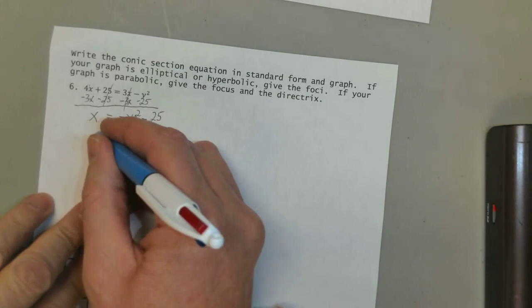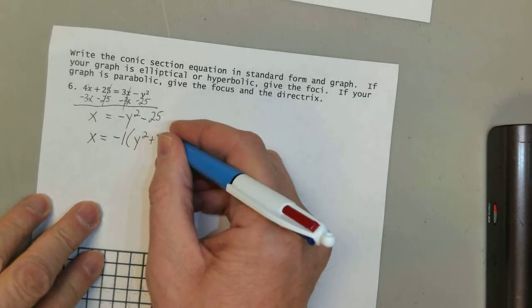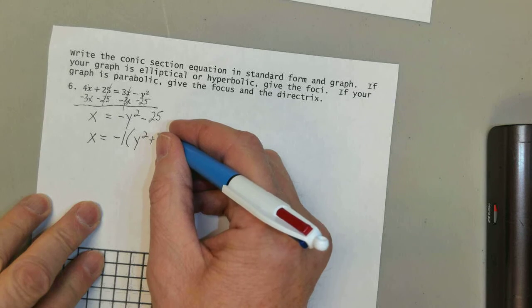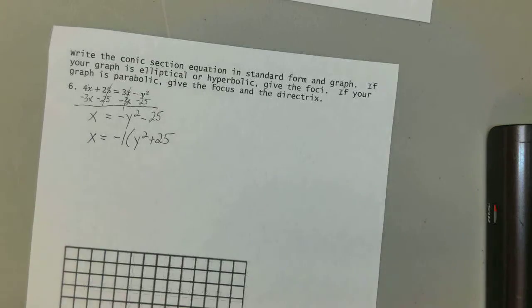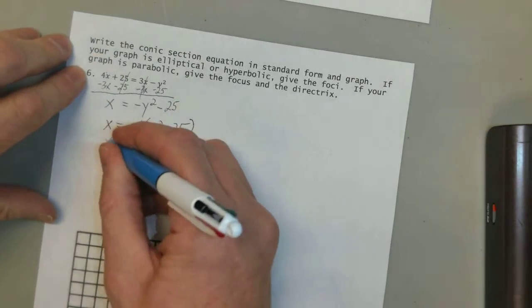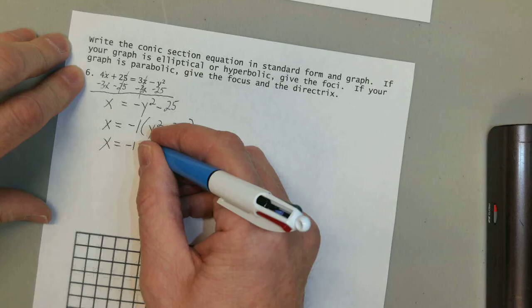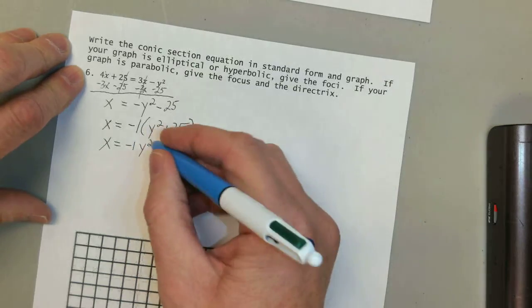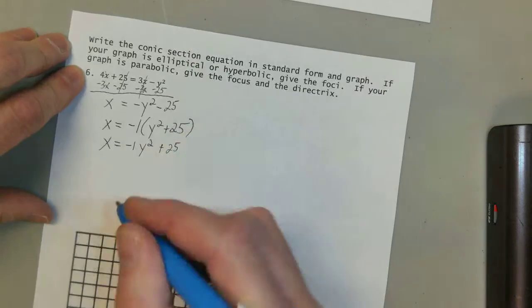So what I'm seeing on this one, let me write this a little more clearly: x equals -1y squared, plus 25. Don't group that.